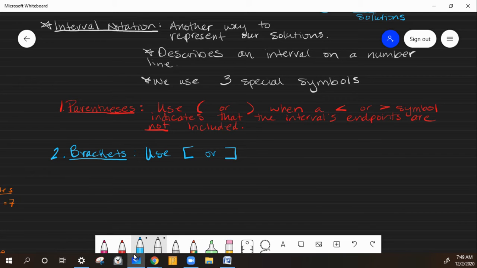Very different than a parenthesis in math. They mean two completely different things in this context. We use brackets when a less than or greater than symbol indicates that the interval's endpoints are included.